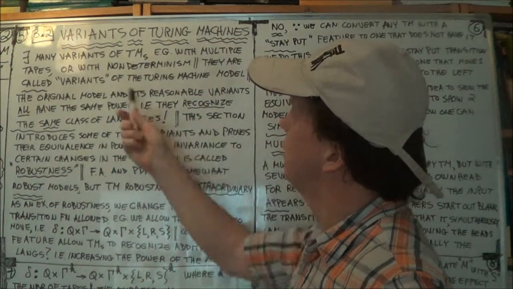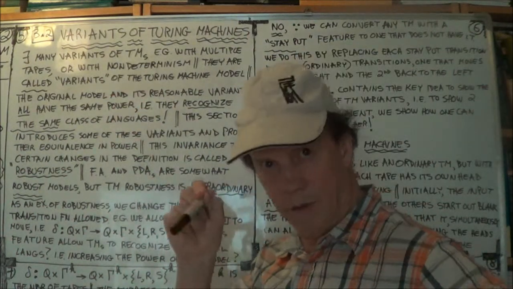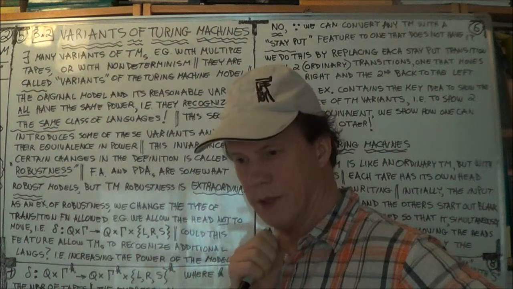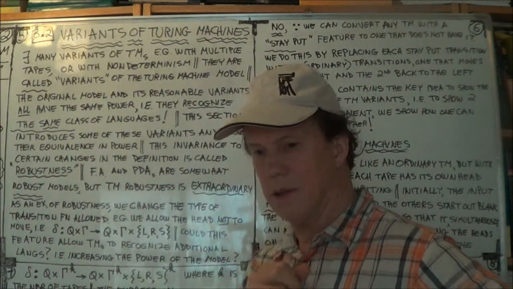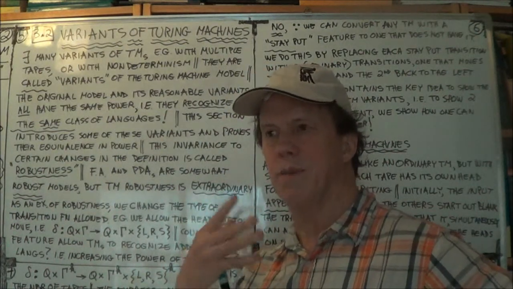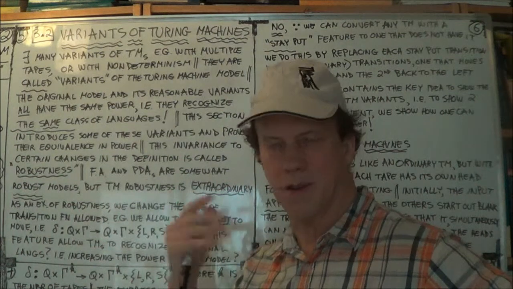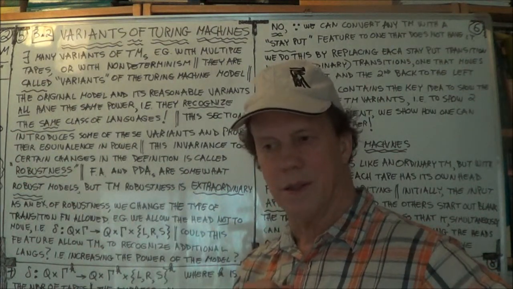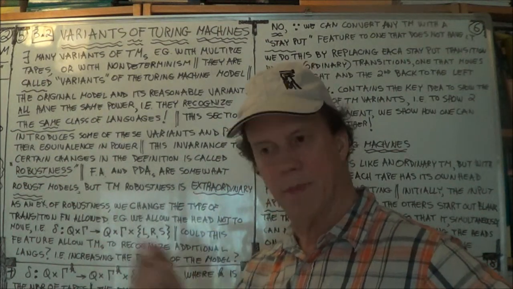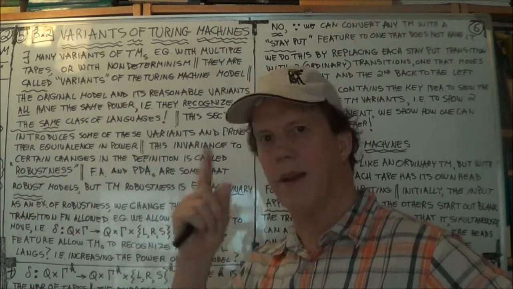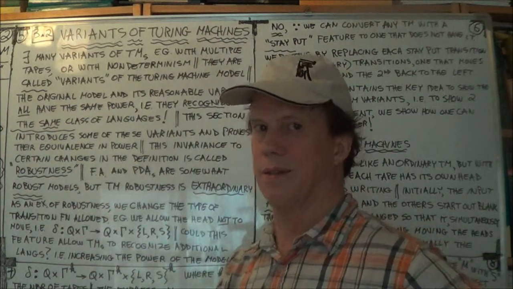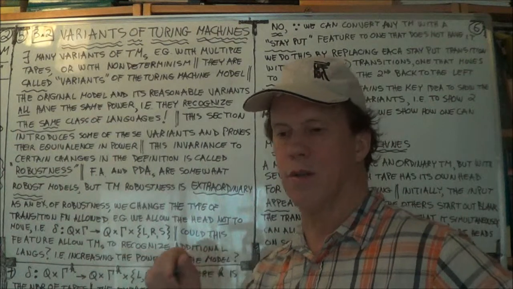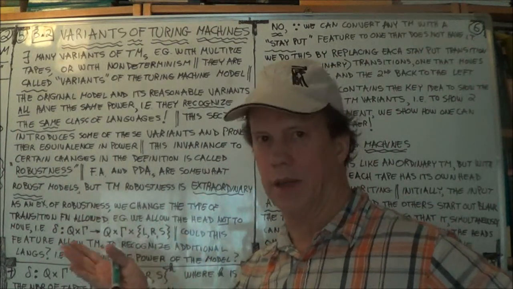Another variant: so far in our discussion, the Turing machine has implicitly been deterministic, because we've always had just one next state. When we went from Qi to Qj, there's only one Qj.